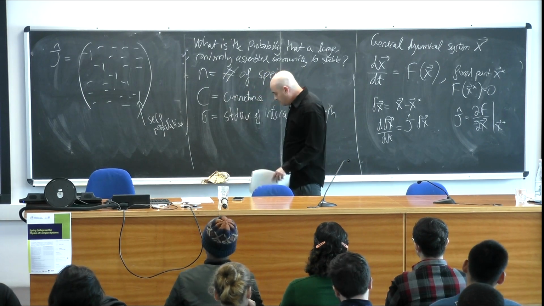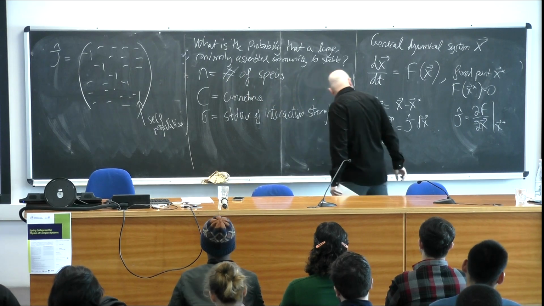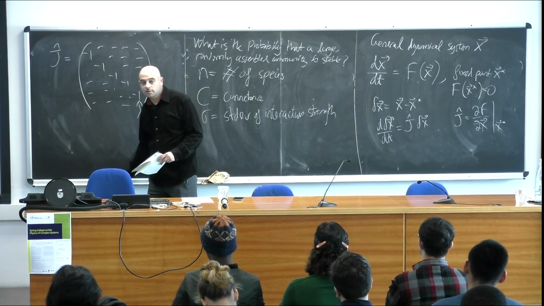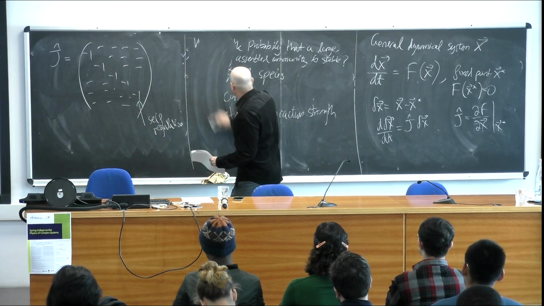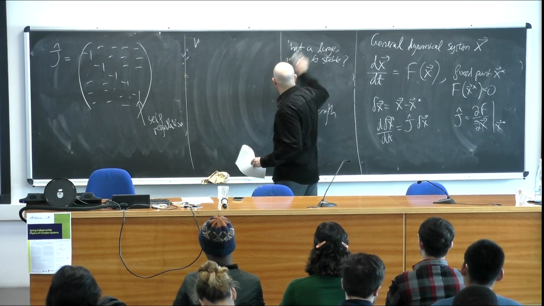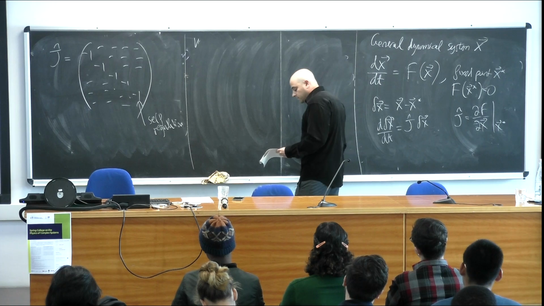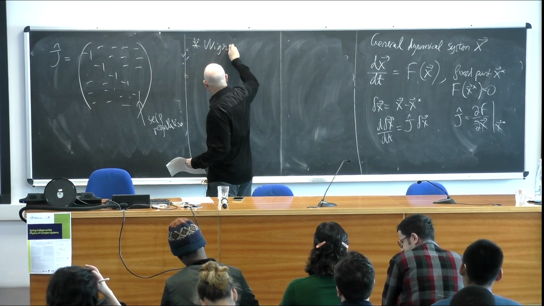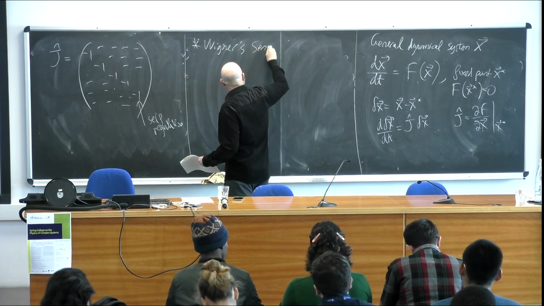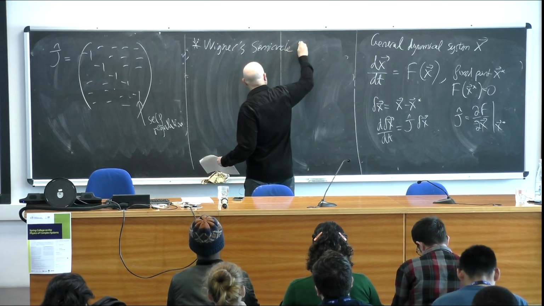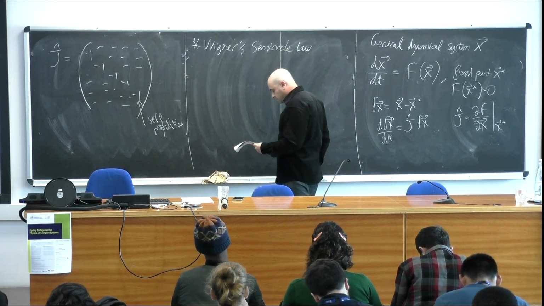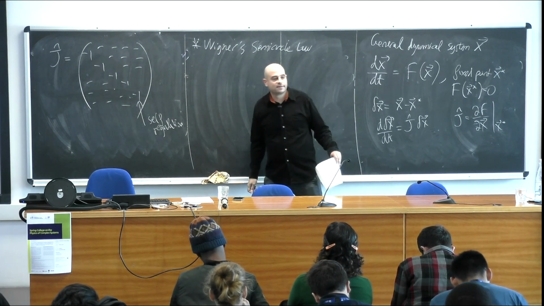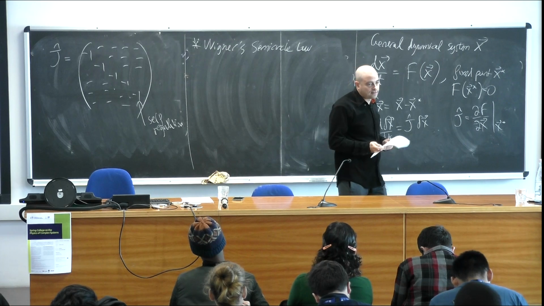Okay. So we said that Robert May was trained as a physicist, and he knew nuclear physics. And in fact, he knew something which we call Wigner's semicircle law. Right, so this is a fun statement. Wigner was a quantum physicist.